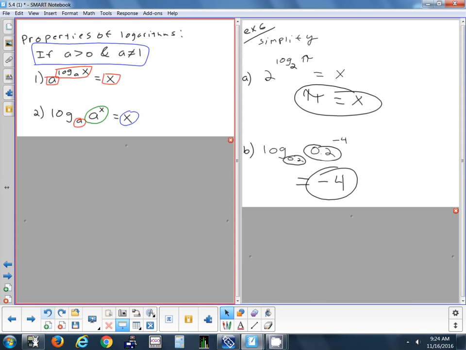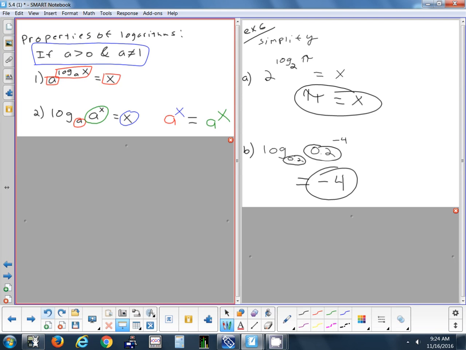So let's change that to exponential form. You said my base was a. And the logarithm always equals what kind of number? Exponent. So in this case, it's equal to what I circled in blue. And now what's the only thing that I didn't use? A to the x. What I circled in green, a to the x.